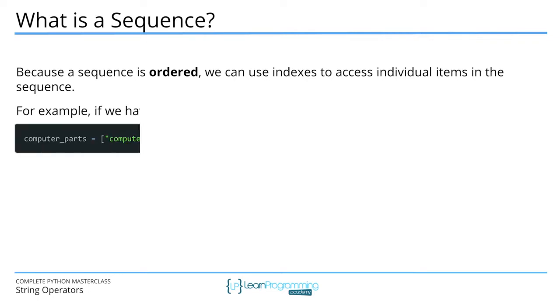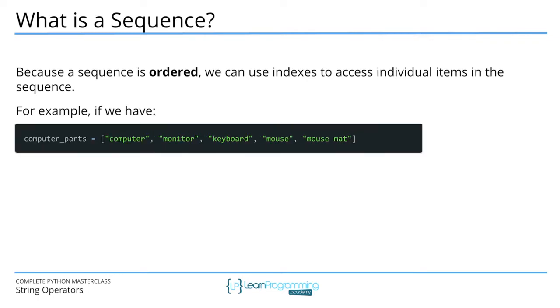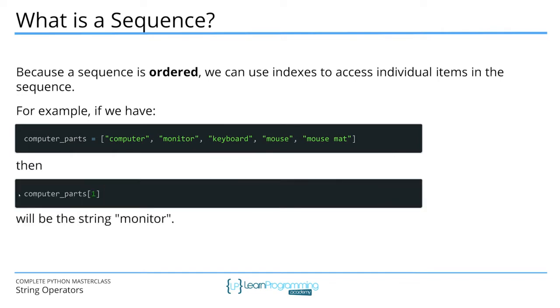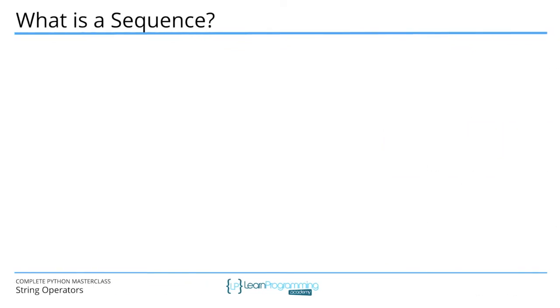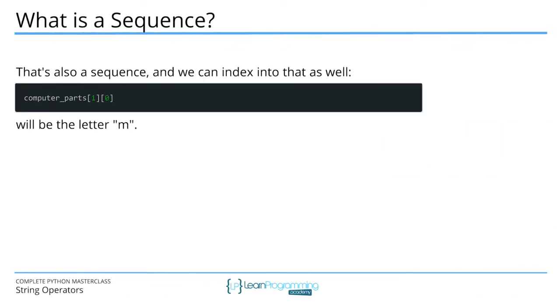For example, computer parts square brackets 1 will be the string monitor, which is the second entry in the list. But that's also a sequence, and we can index into it as well by using square brackets 1 to get access to monitor, and then square brackets 0 would be the letter m in lowercase, which is the first part of that sequence.